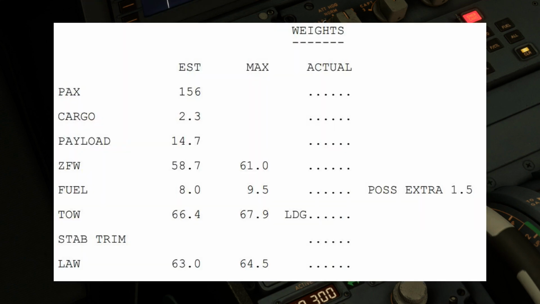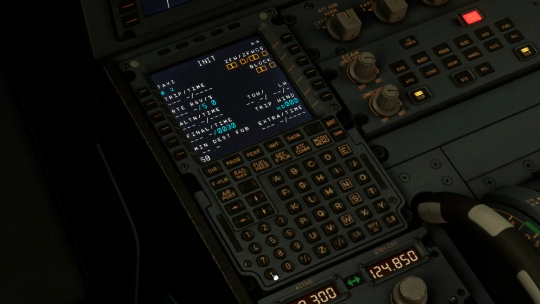Our zero fuel weight should be 58.7, or 58,700 kilograms. Refueling truck is on its way. Please don't load the aircraft until the fuel truck arrives and ask to do it.